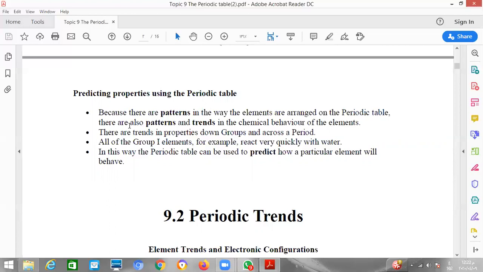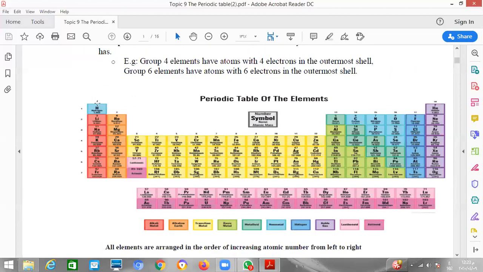There is a trend in properties down a group and across a period. For example, in group number 1, if you move down from hydrogen, lithium, sodium, potassium, rubidium, cesium, to francium, what about the trend? Does reactivity decrease or increase?